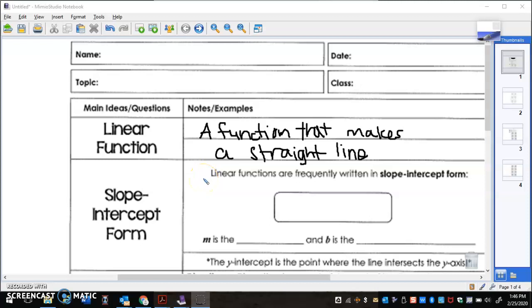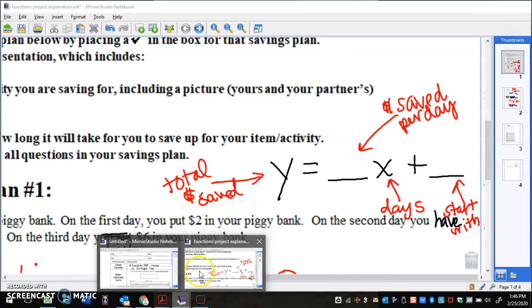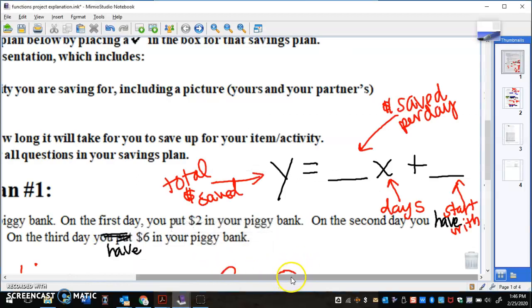Carballo, and today we're going to talk more about functions and graphing and equations, but there's a special form called the slope-intercept form, which we were using during our whole savings project. So think back to the savings project, and every equation that you guys made from your savings was in this form, right? And the y was equal to total amount saved.